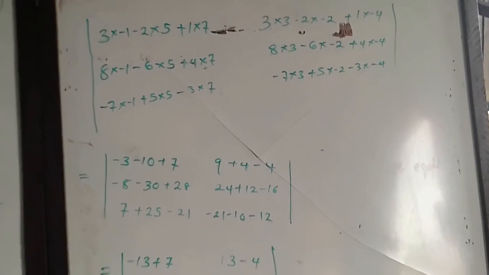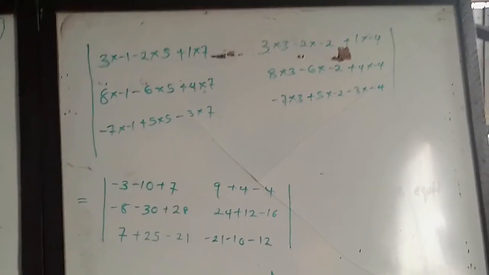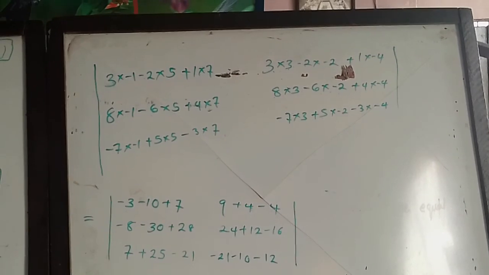So we just apply the same rules to it. Then we solve. Then we multiply. Then we have to take note of the signs. Minus times plus, minus times minus. All those signs are very important in matrix.